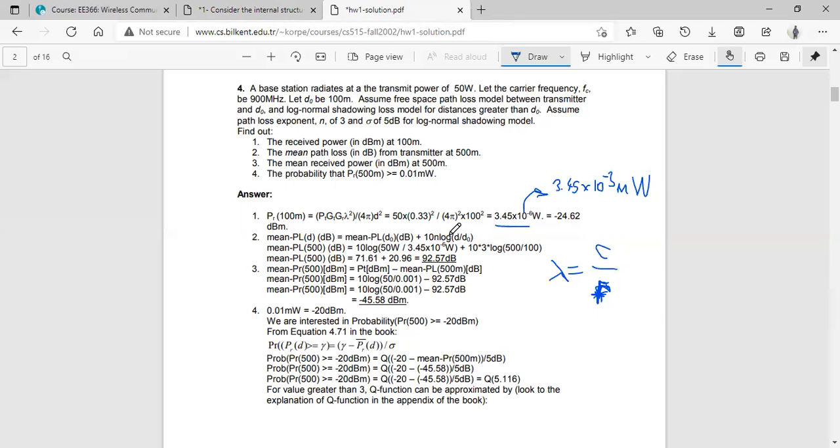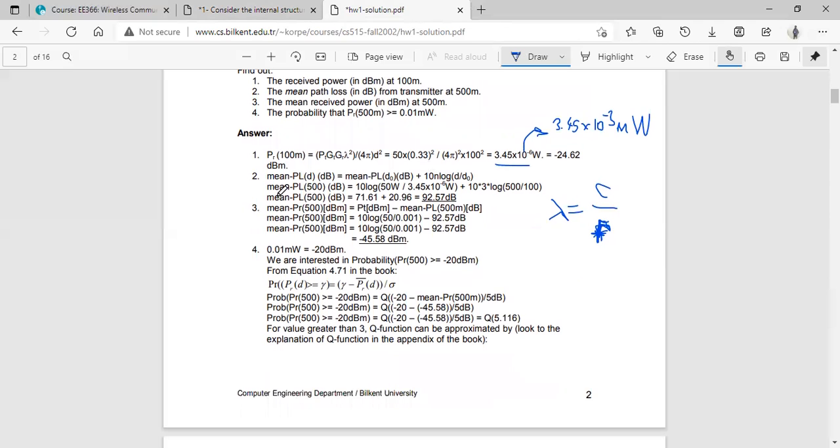This 10 n log d upon d0 is your log normal shadowing model, so it gives you the log normal shadowing model loss. And the first value is denoted by the free space loss model.